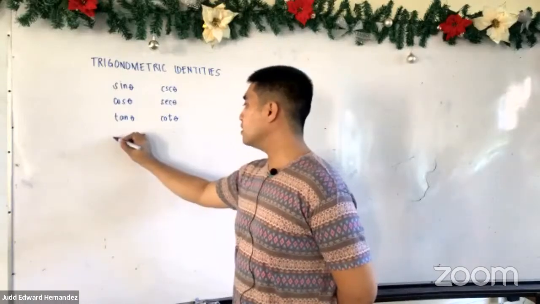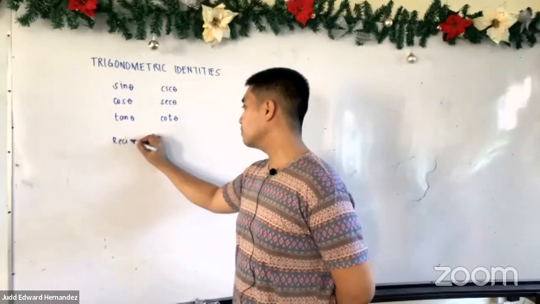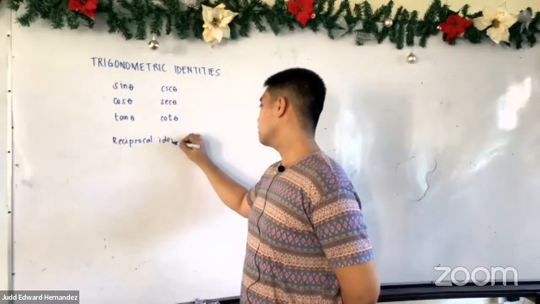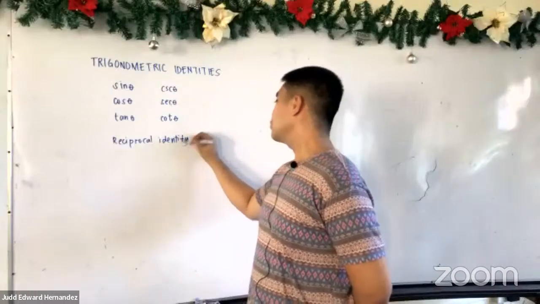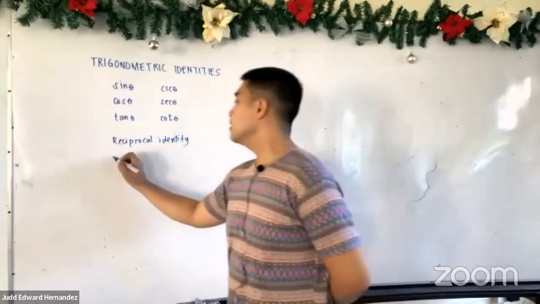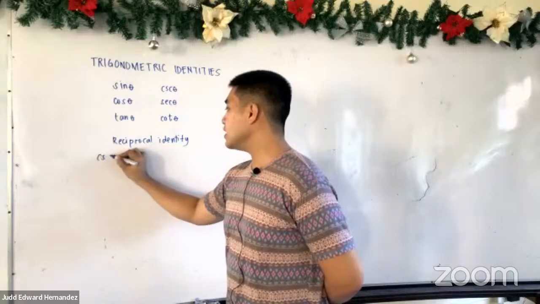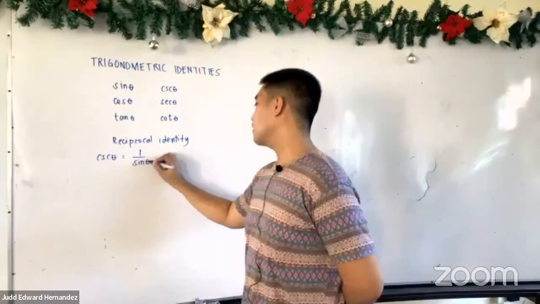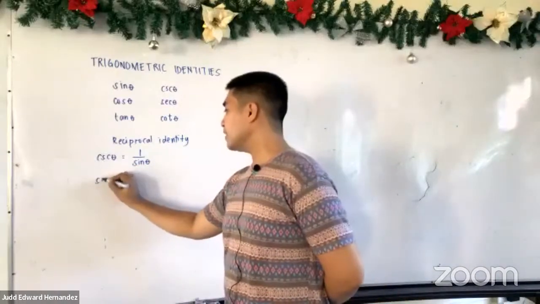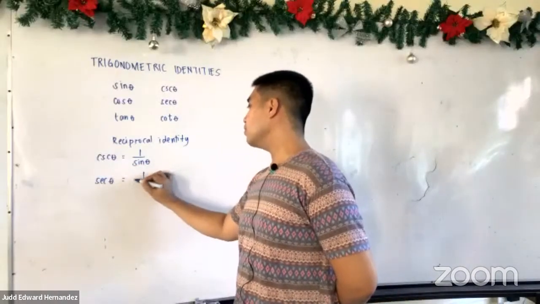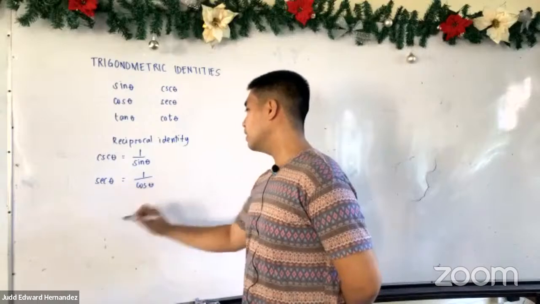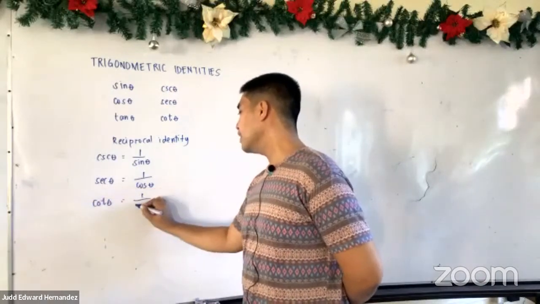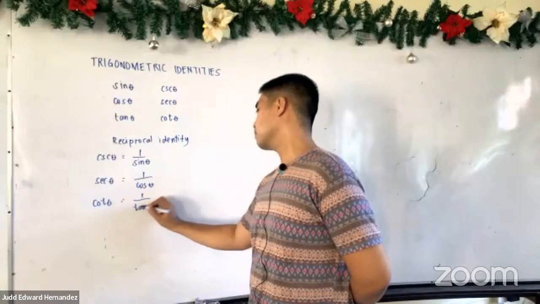We also have the reciprocal identity. So what are reciprocal identities? So when we say cosecant theta, this is equal to 1 over sine theta. When we have secant theta, this is equal to 1 over cosine theta. When we have cotangent theta, this is equal to 1 over tangent theta.